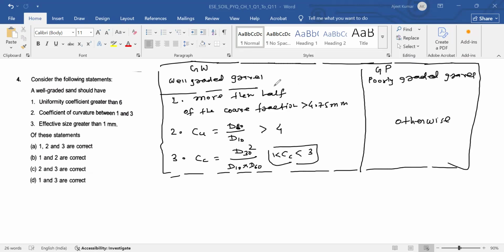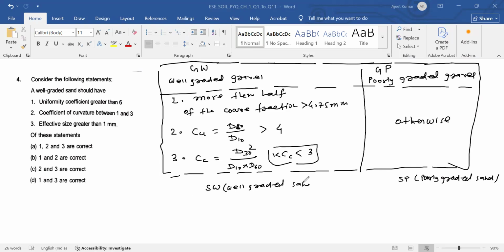And for well-graded sand, SW, and poorly graded sand, that is SP. SP is poorly graded sand, and SW is well-graded sand.